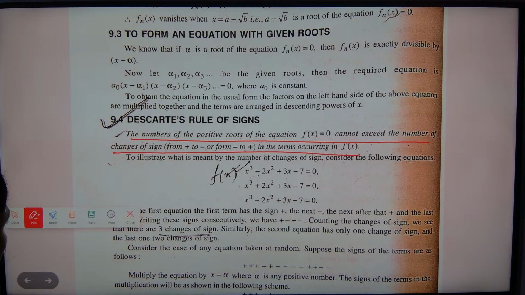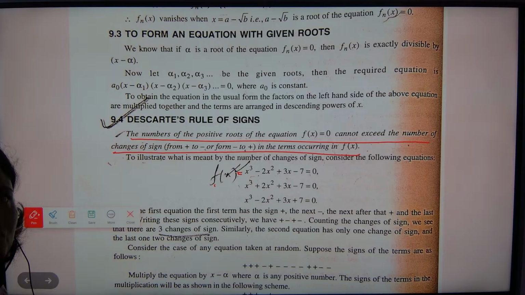I am going through just the important things. Let us say f(x) equals x cube minus 2x square plus 3x minus 7. How many positive roots does it have? See the changes in sign: plus to minus 1 change, 2 changes, 3 changes.